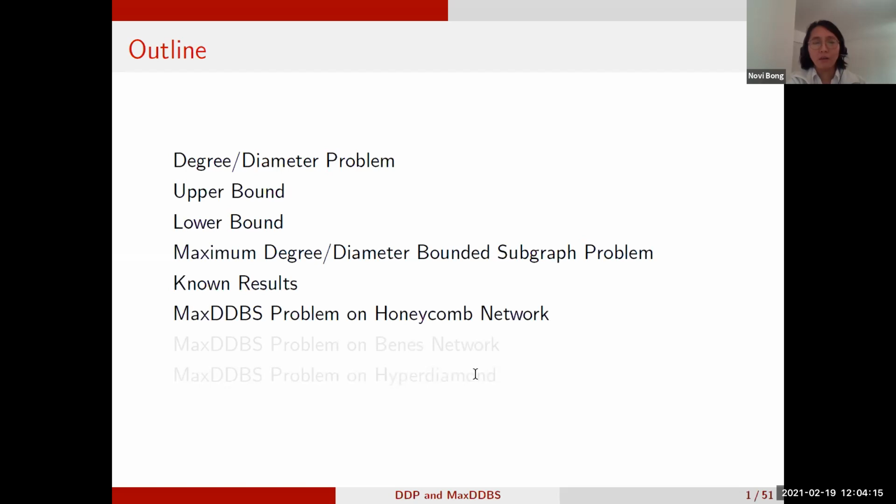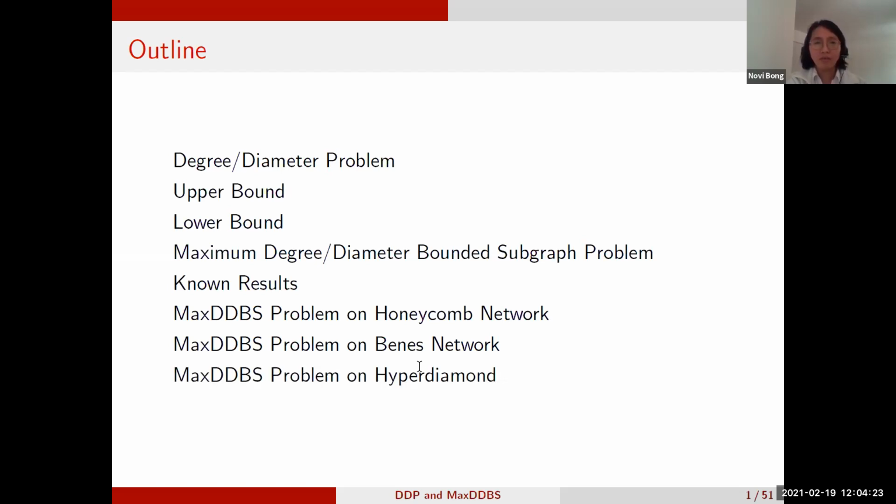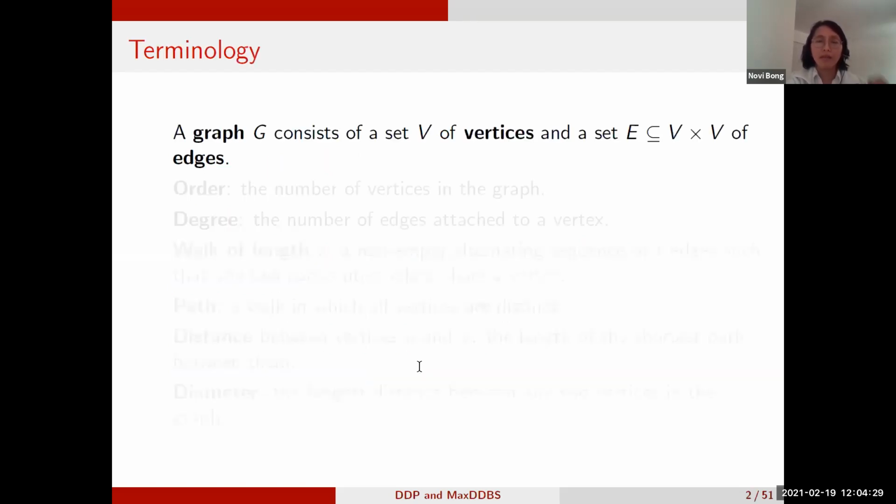Then I will elaborate more on the maximum degree diameter problem on balanced networks, and also give an introduction to the problem of hyperdiamond.